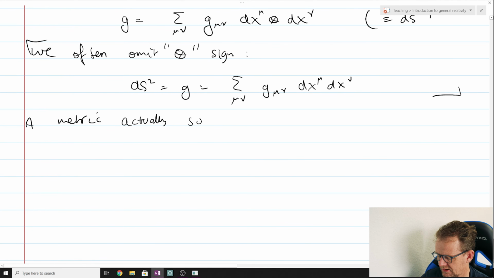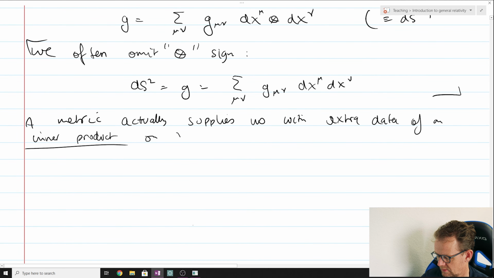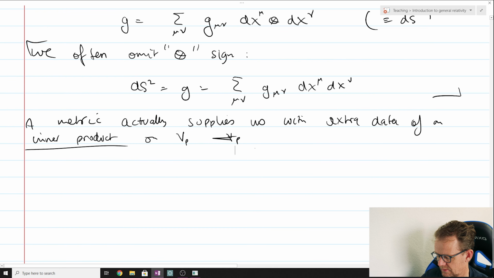A metric actually supplies us with the extra data, exactly the extra data, no more, no less, of an inner product on Vp for all p in the manifold.